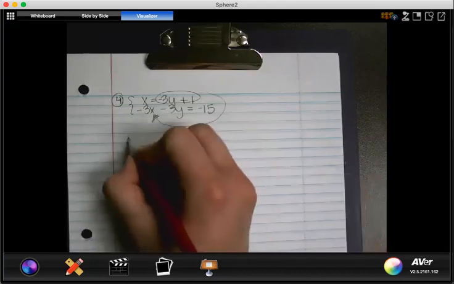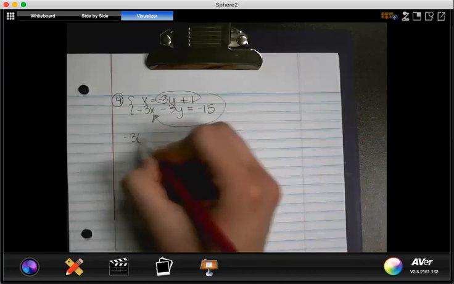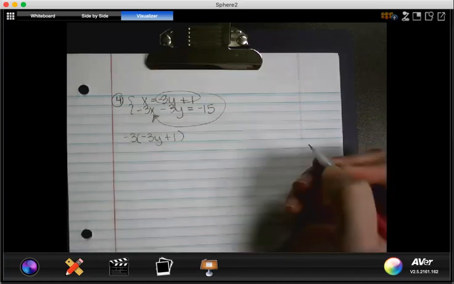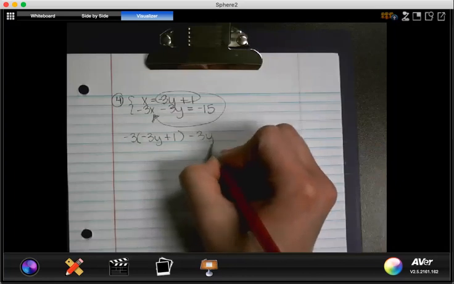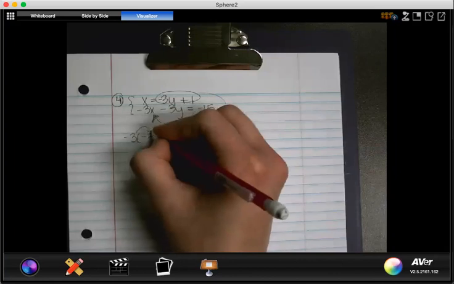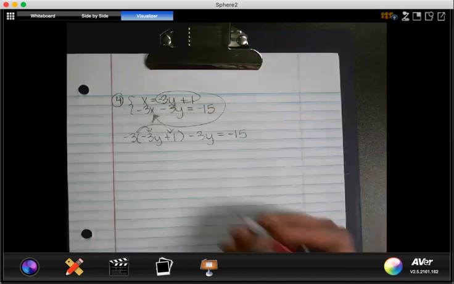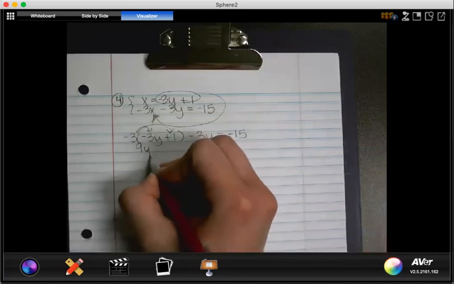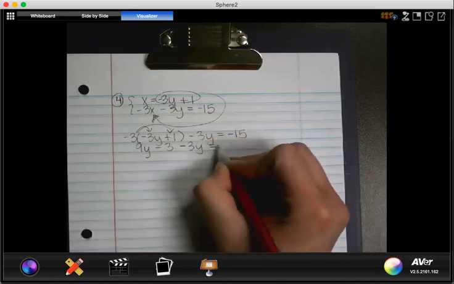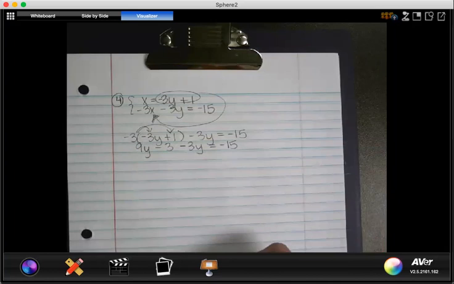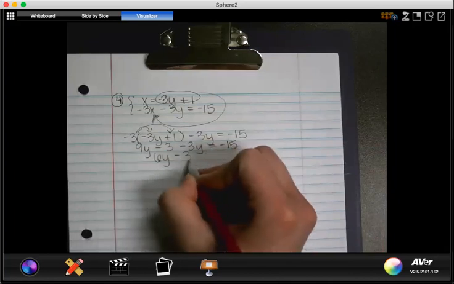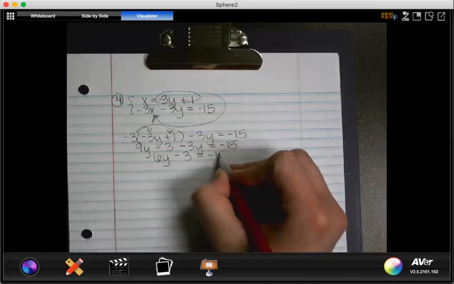So we get negative 3 times negative 3y plus 1 minus 3y equals negative 15. Distribute. Get 9y minus 3 minus 3y equals negative 15. Combine like terms to get 6y minus 3 equals negative 15.